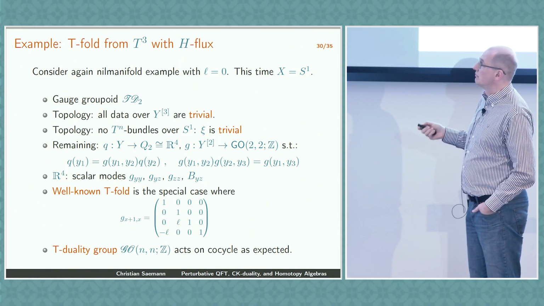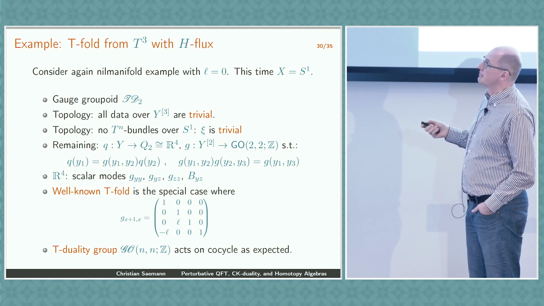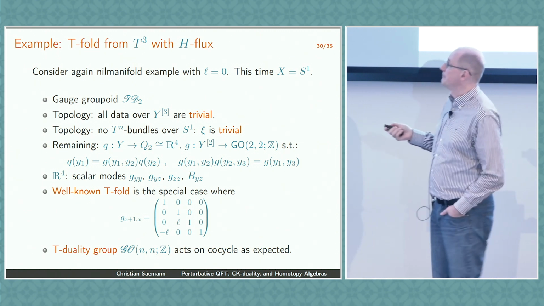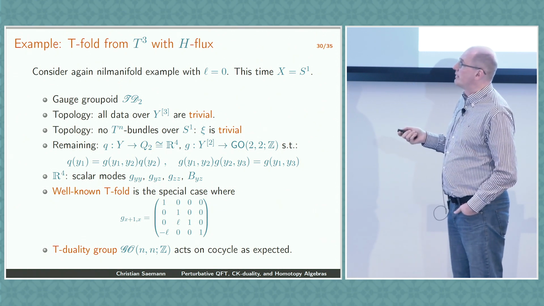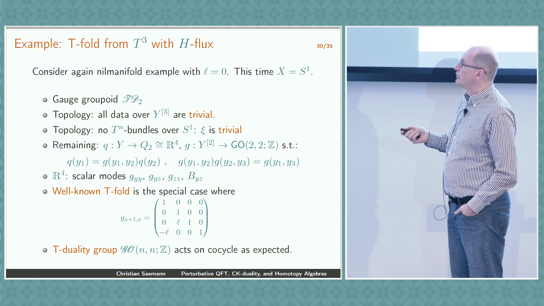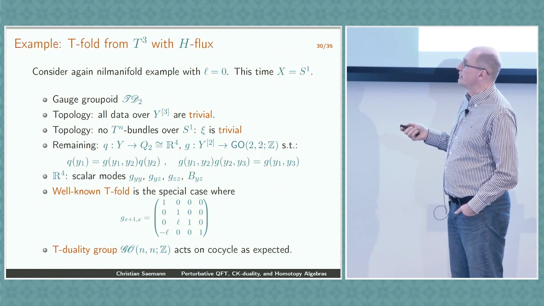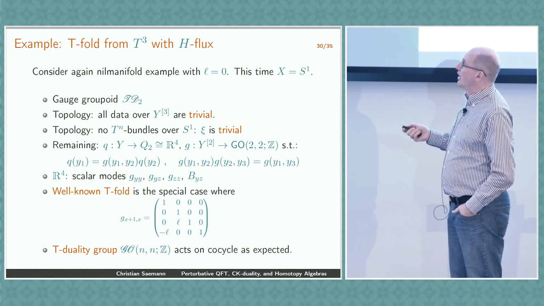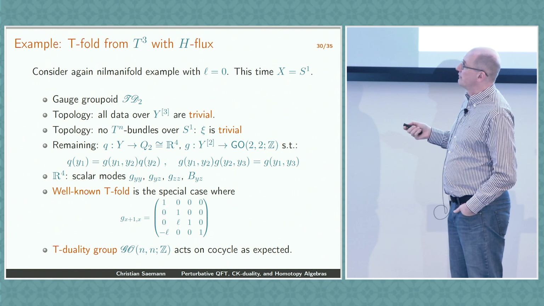And well, I mean, they satisfy the transition functions for Lie groupoid bundles, so think gauge sigma model or something like this, right? With a discrete gauge group, so it's not quite the same. Okay, so we know from our dimensional reduction that we expect 4 scalar modes, namely the metric along the YY, YZ, ZZ directions, so the 3 components of the metric in the 2 dimensions that we reduce, and the B field in the YZ direction.